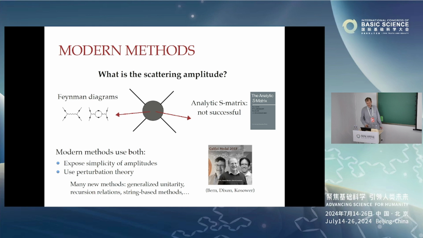The ambition of people back then was really to fix the full non-perturbative amplitude, which was an extremely ambitious thing. We don't know how to do it at all even now. But the idea of fixing the function using some mathematical properties is actually very important for everything that followed. Most of the modern methods for amplitudes combine both of these sides.